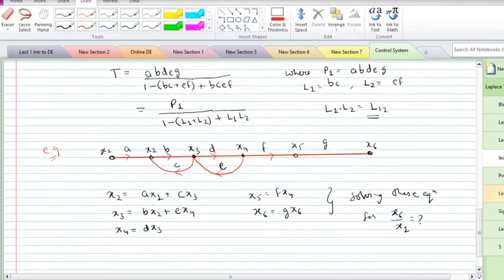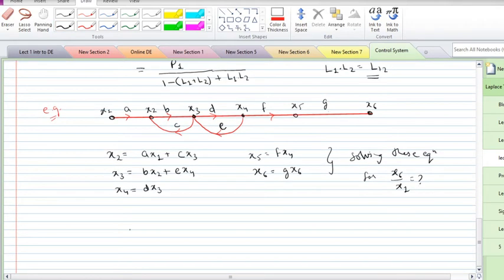that is T is equal to x6 by x1 is equal to abdfg divided by 1 minus bc plus de.